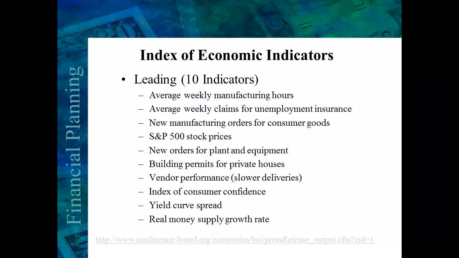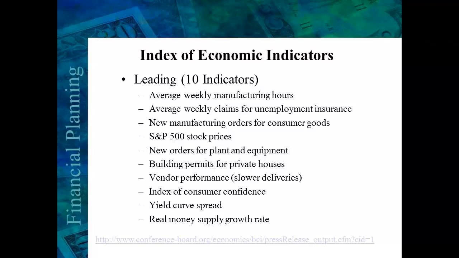This index is composed of the following 10 indicators: the average weekly manufacturing hours, average weekly claims for unemployment insurance, new manufacturing orders for consumer goods, the S&P 500 stock prices, new orders for plant and equipment, building permits for private homes, vendor performance, i.e. deliveries being slower because of demand, index of consumer confidence, the yield curve spread, and real money supply growth rate.